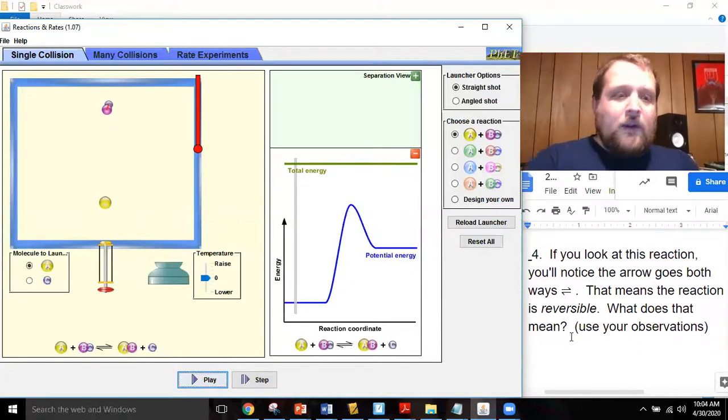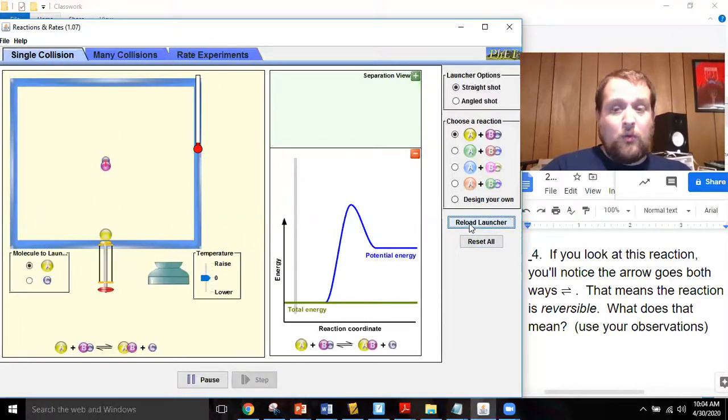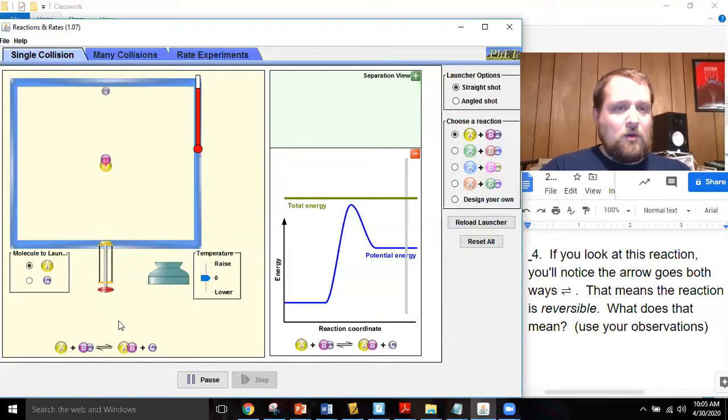All right, question 4. If you look at this reaction, you'll notice the arrow goes both ways. So the top part goes forward, the bottom part goes backwards. That means the reaction is reversible. What does this mean? Now you could Google this, but you can figure it out based just on your observations. Reversible sounds like reverse or going backwards.